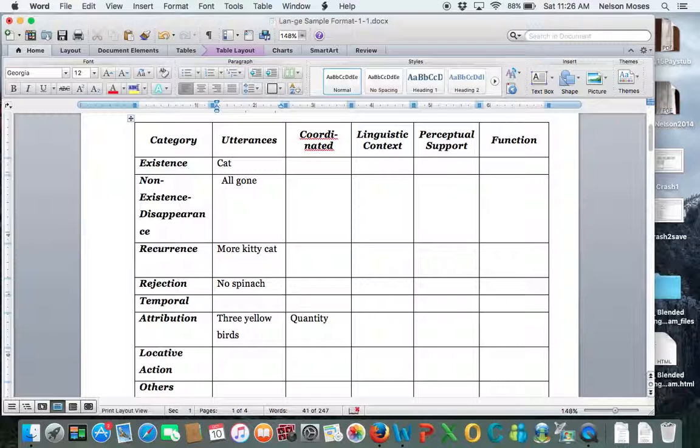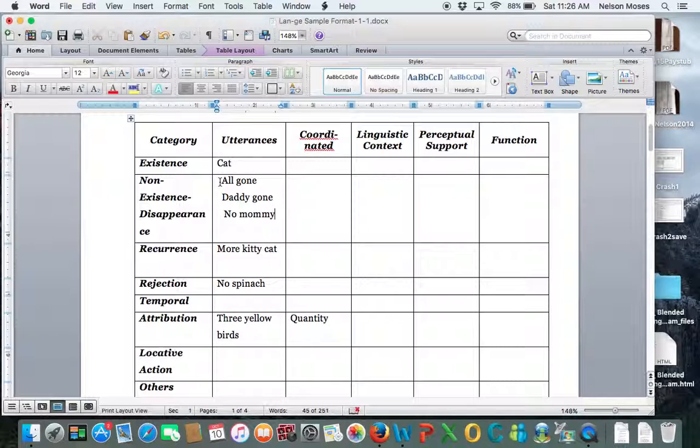In other words, the child may have used several non-existents: all gone, daddy gone, mommy gone, no mommy. Well, they'd all go here.